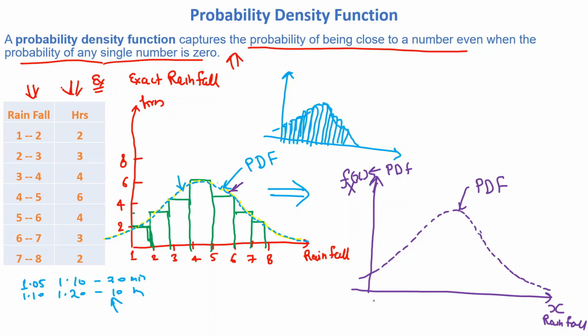Now this is your 1, 2, 3. If we draw this rainfall, this is your 4, 5, 6, 7, 8, and then 3, 2 and 1. So this f of x tells us the probability.